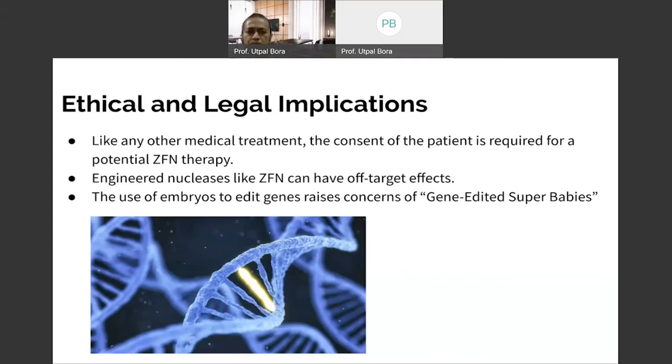So engineered nucleases like ZFN can often have off-target effects. So we are not very sure whether it's going to be a 100% cure or not. And the use of embryos to edit genes, to create superhumans or gene-edited super babies, is something we should consider with some amount of caution.